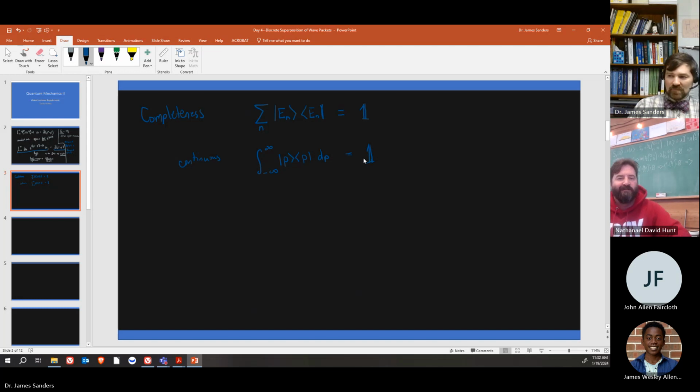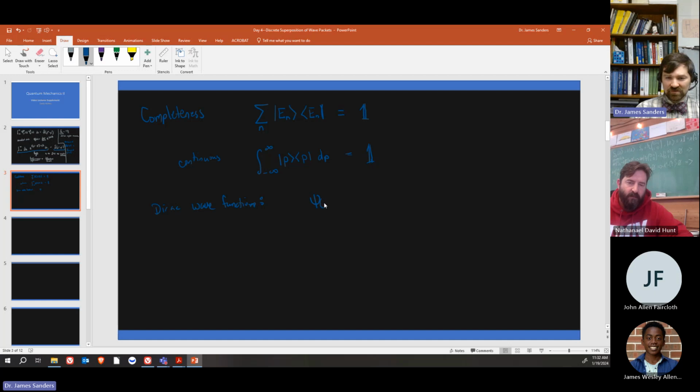Now let's try this by inserting it into the Dirac expression for the wave function.